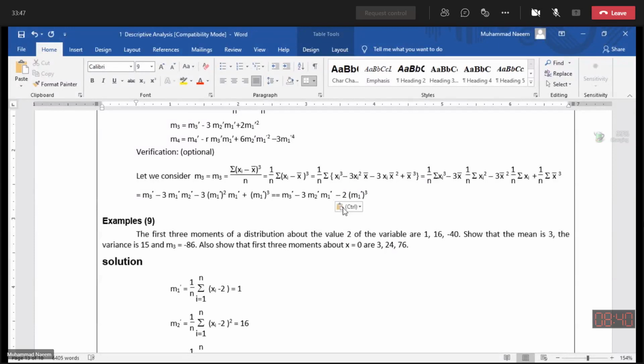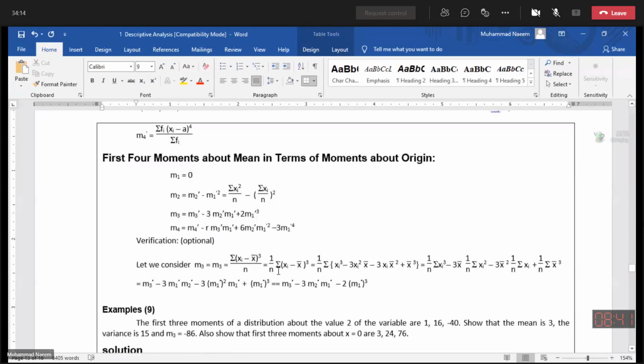So this is exactly the relation which we have here in this case. Here we must have power 3. Similarly, the other relations we can also prove, we can verify.